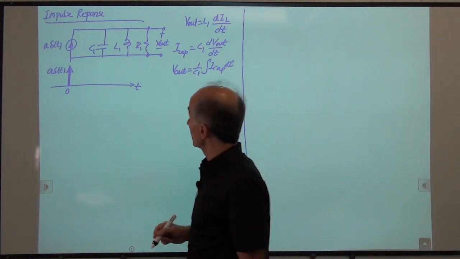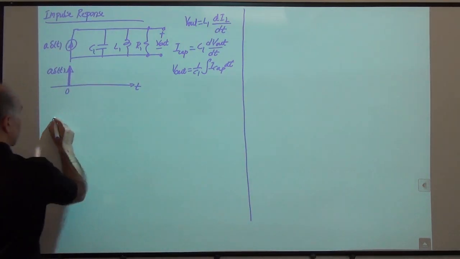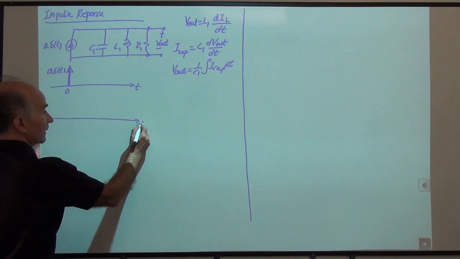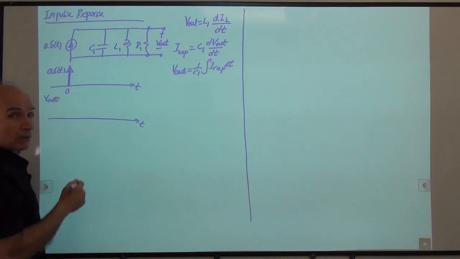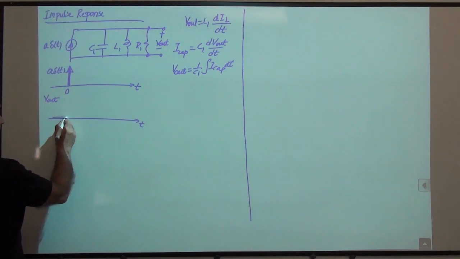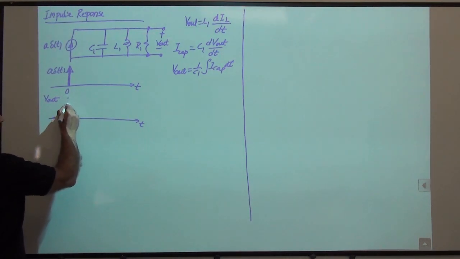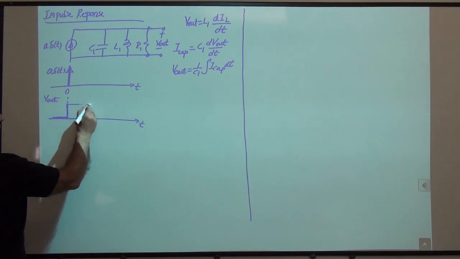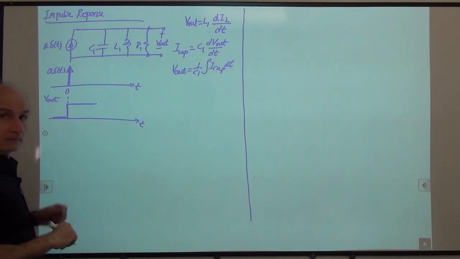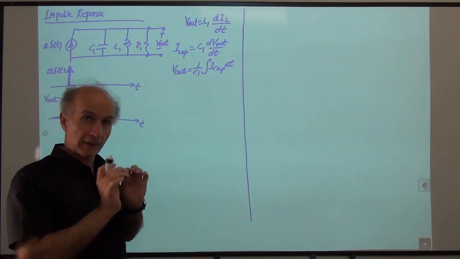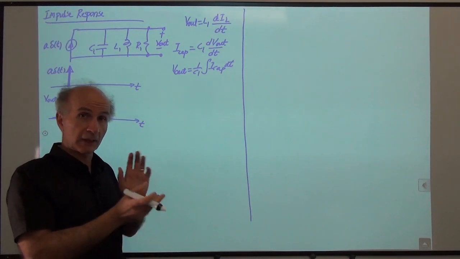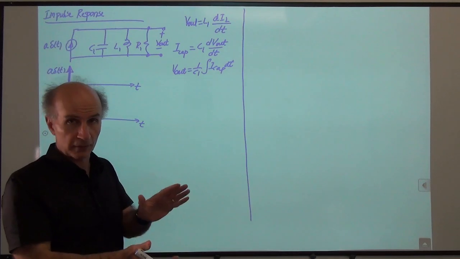So here's what happens. If you monitor V out, this is what's happening. V out as a function of time, which is the same as across the capacitor, does this. It's 0. At time 0, it jumps. Why does it jump? Because we managed to create an impulse of current that went through the capacitor.